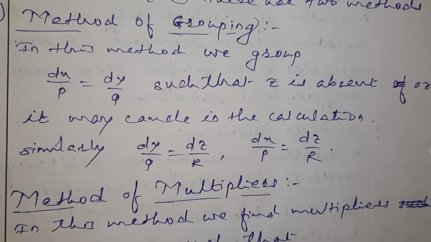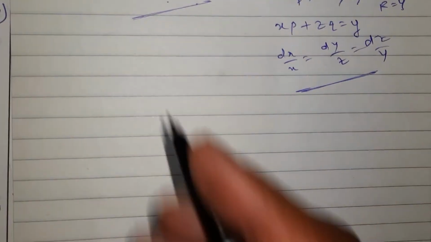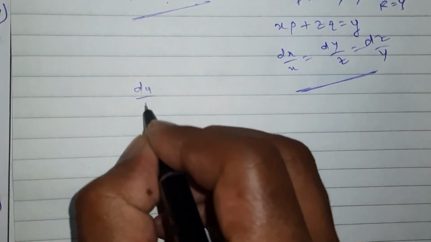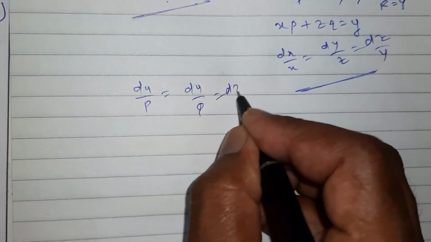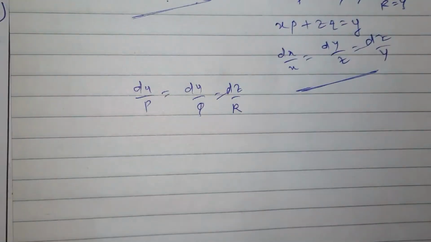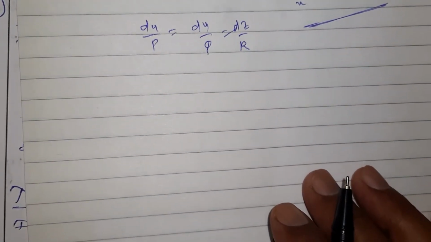Let me explain the first method now. Method of grouping. We know that our equation is like this: dx upon P is equal to dy upon Q is equal to dz upon R. So this is our equation.